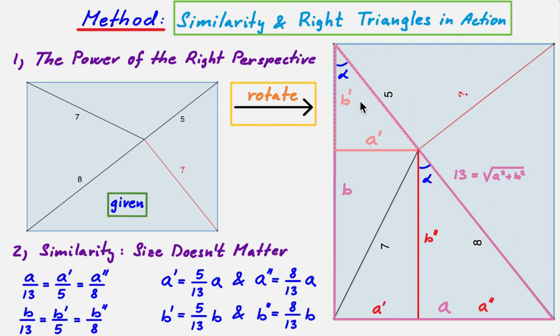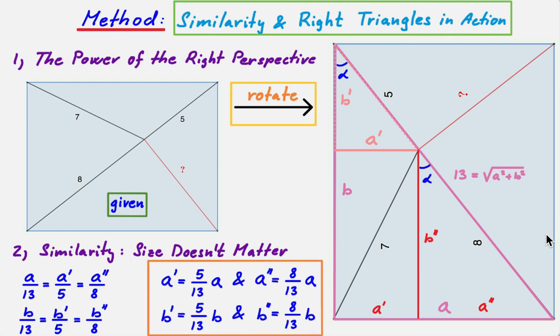Due to the fact that the angle is the same, we have similar triangles, and they are both right angle triangles. So even the complementary angle over here is the same. So we can create a lot of relationships, and the question is what we do with it.